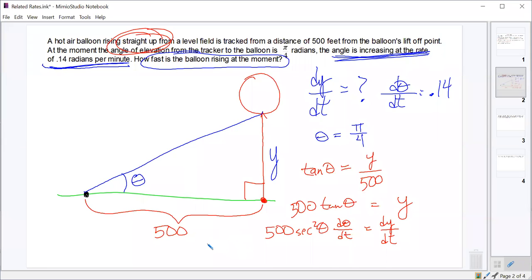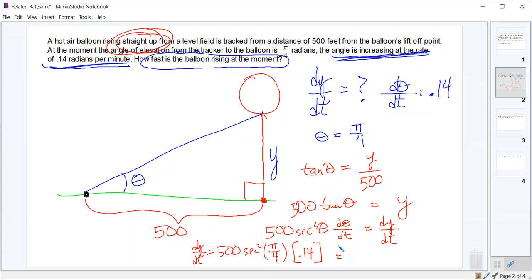All right, so now let's just plug everything in. We know that dy dt is equal to 500 times secant squared of theta. And the theta we're looking at is pi over 4, times d theta dt, which is 0.14. And so what does that end up giving us?